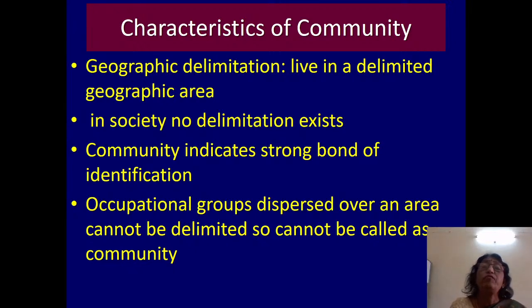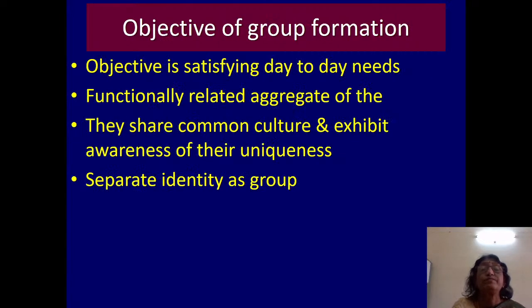They come from different places, different states, and they do not belong to one area. So that occupational group cannot be called a community, but a village, yes, it has a strong bond of identification, and we can call it a community.